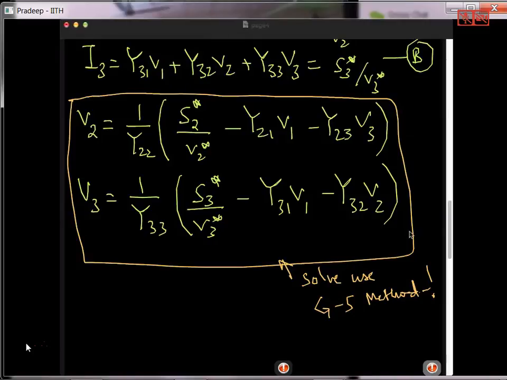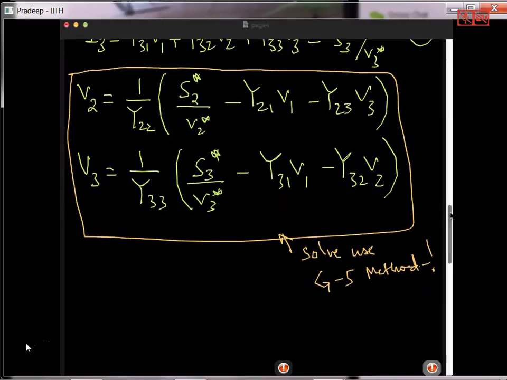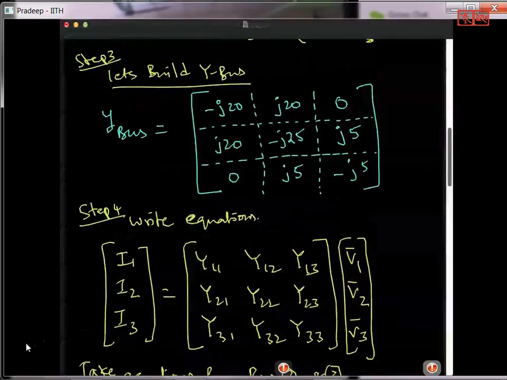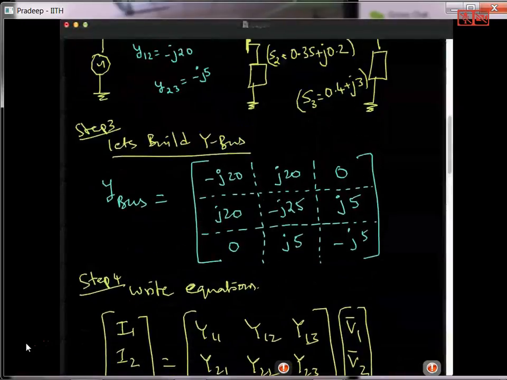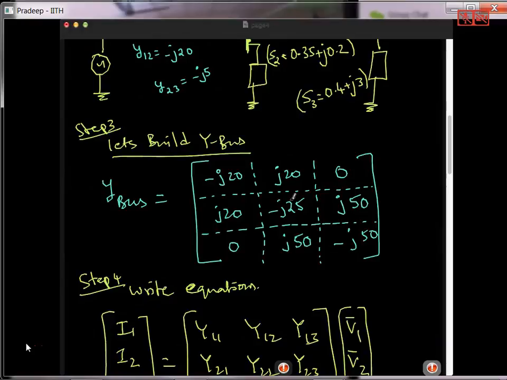Okay, again some correction. This is 50. So this will become 70. Doesn't matter. So this is minus J70.